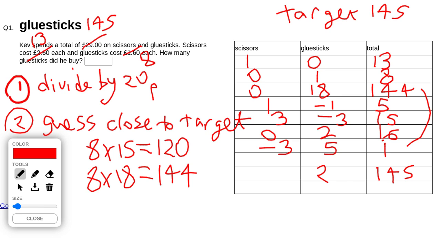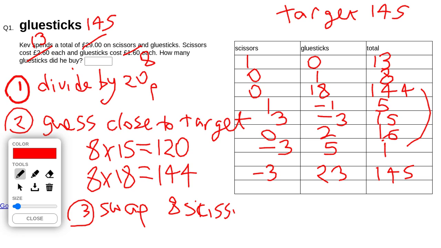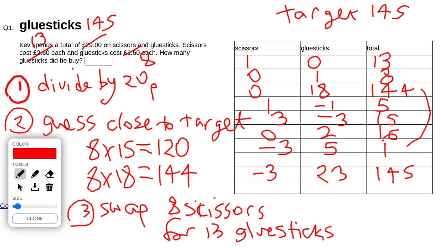It's going to give me 23 glue sticks and minus 3 scissors. Now that's silly, but we can actually find the answer quickly now, because of the prices here, 8 and 13, I can swap 8 scissors for 13 glue sticks, because 8 times 13 is the same as 13 times 8.